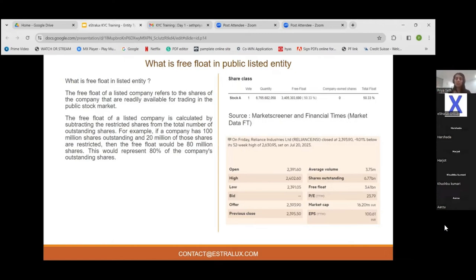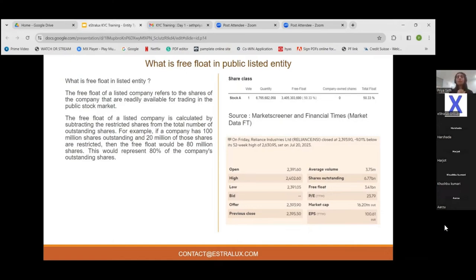That is not the case in a private company. In a public listed company, when I say free float, that means whatever the amount of those shares are, they can freely float and go from one person to another.